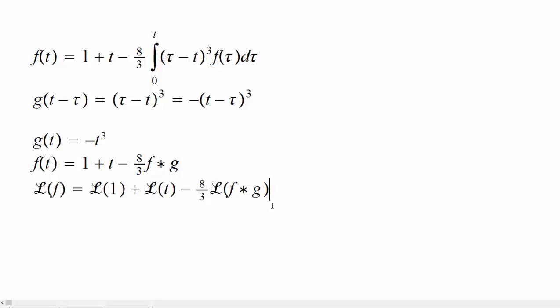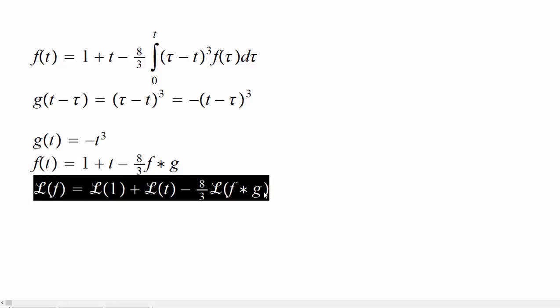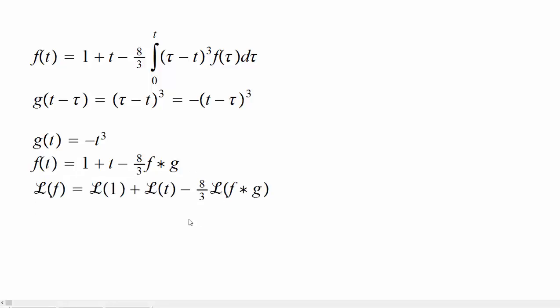All right. So when we do that, we will leave this L of f as it is, and this quantity would become what? 1 over s. This is going to become 1 over s squared. And then here we have the Laplace transform of f times the Laplace transform of who? g, right?